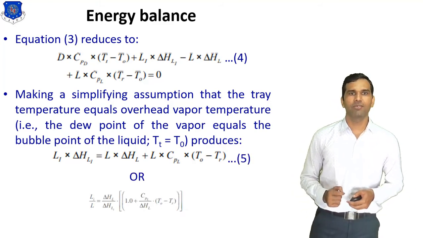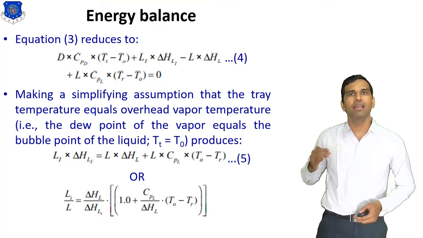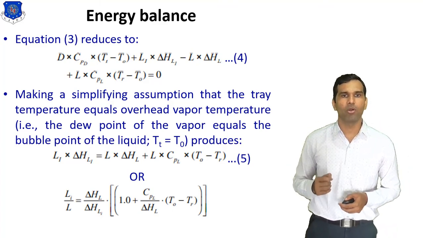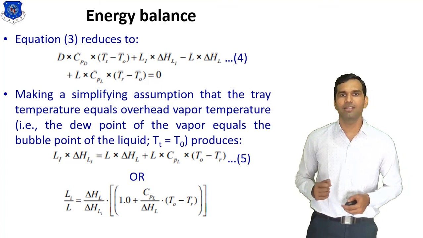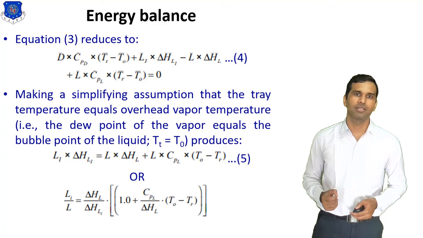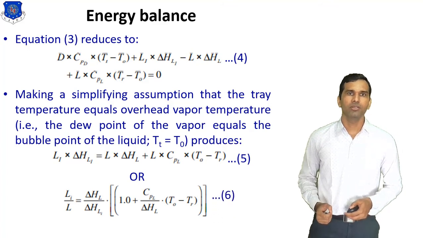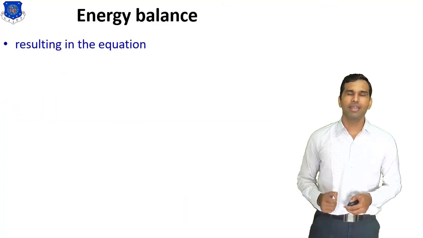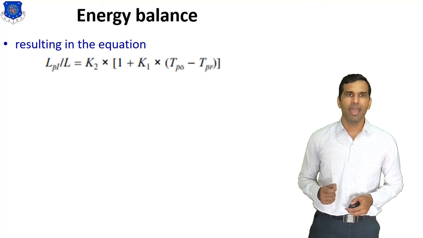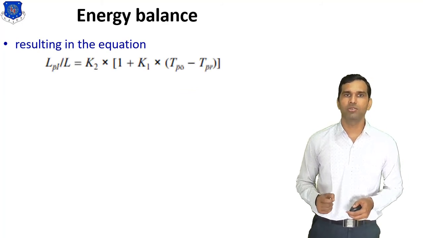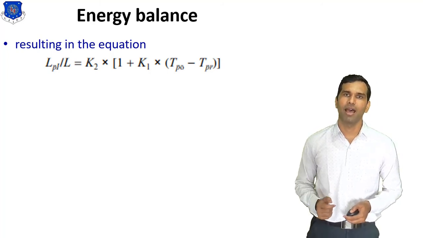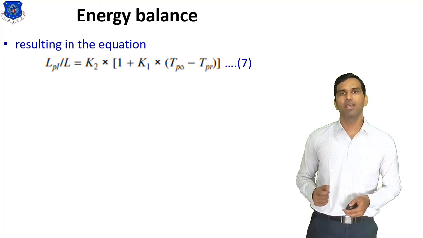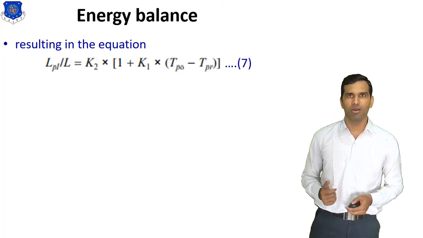Or we can write LI upon L is equal to delta HL upon delta HLI times 1.0 plus CPL upon delta HL times (T0 minus TR), resulting in LI upon L is equal to K2 times (1 plus K1 times (T0 minus TR)). We give this as equation number 7.